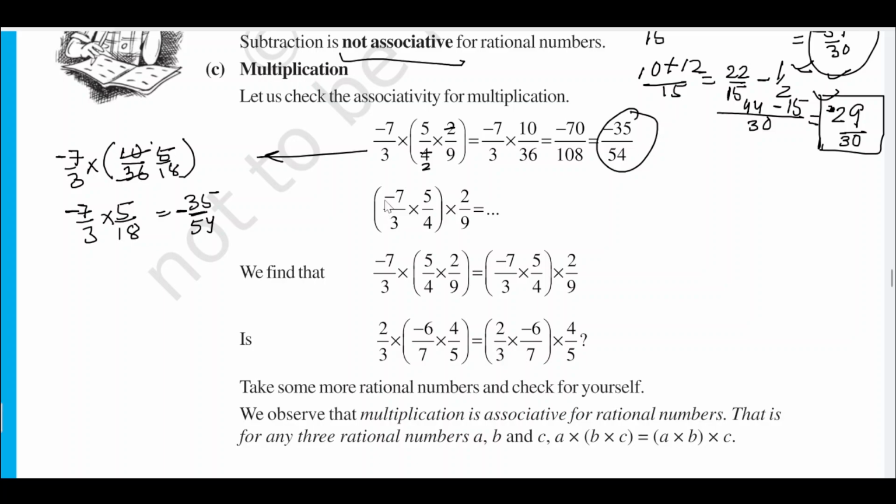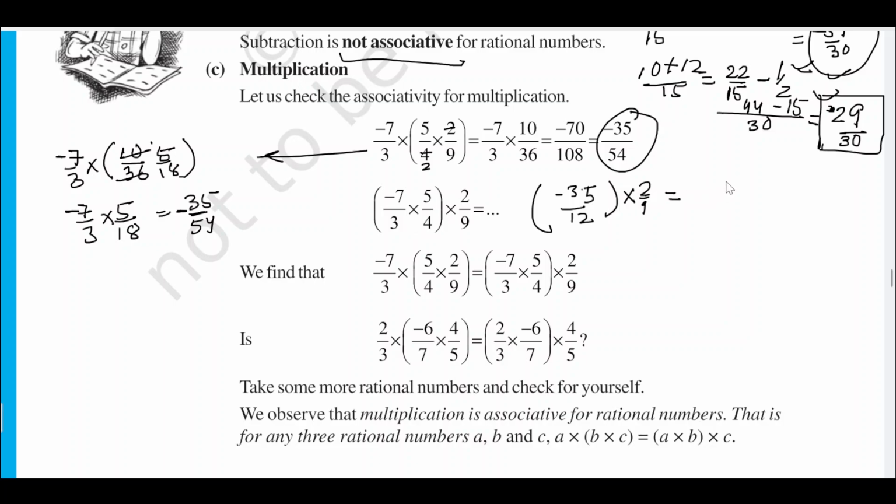Now in the RHS side, they have grouped minus 7 by 3 and 5 by 4 together. So we will solve this one. This is going to be minus 35 divided by 12 into 2 by 9. Okay, actually no common factor.